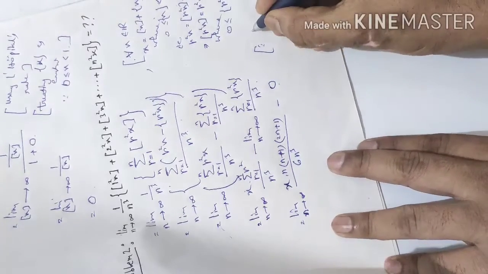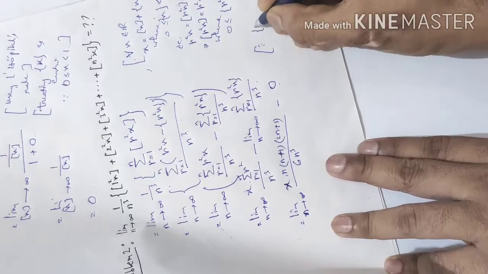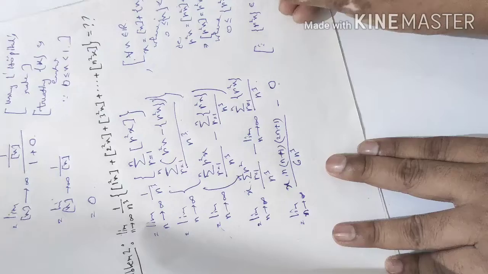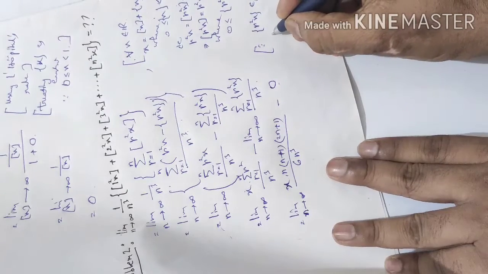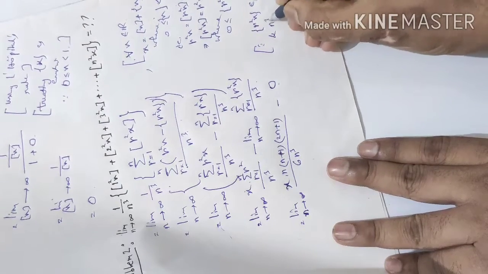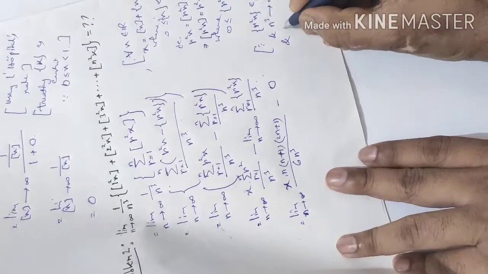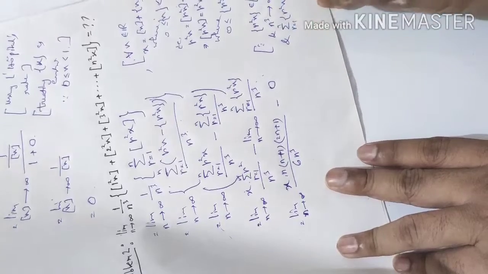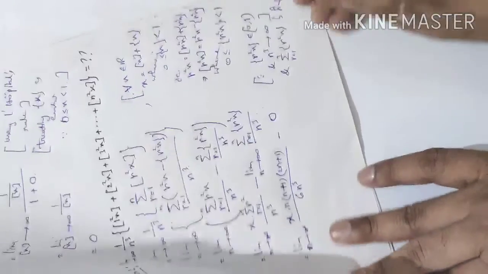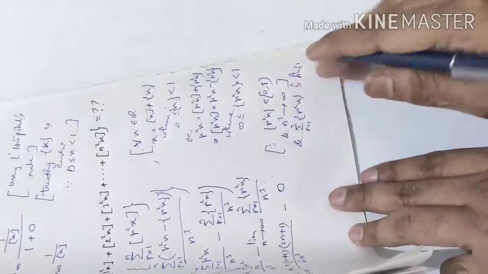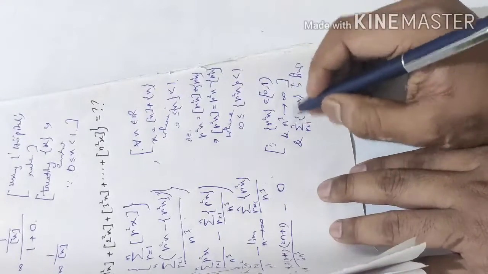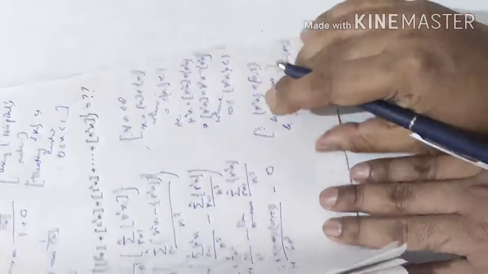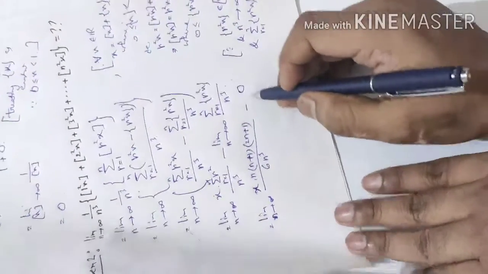Since the summation of the fractional parts belongs to 0 to 1, and n cube tending to infinity, and this is finite, that's why this gives 0, right?